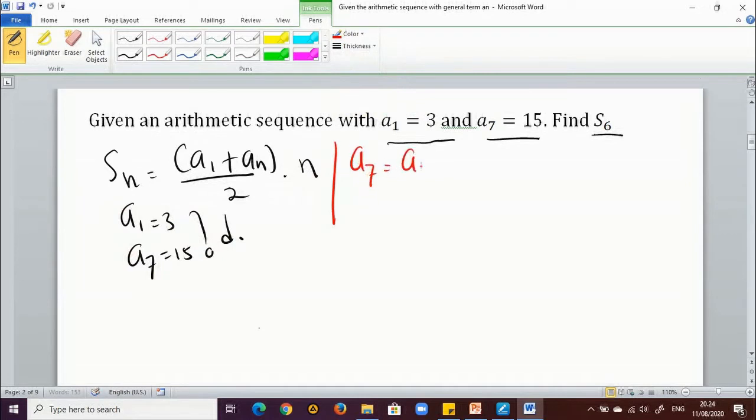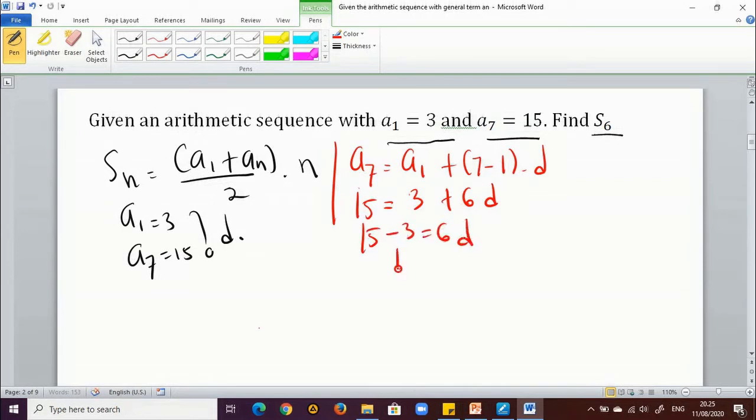The seventh term is the first term plus 7 minus 1 times D. The seventh term is 15, the first term is 3, plus 6D. So 15 minus 3 equals 6D, so 12 over 6 equals D. So we got the difference is 2.